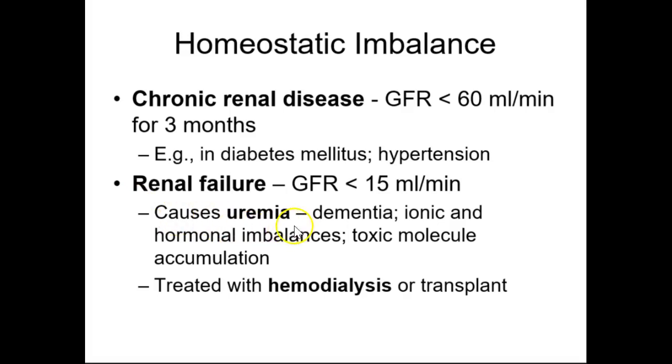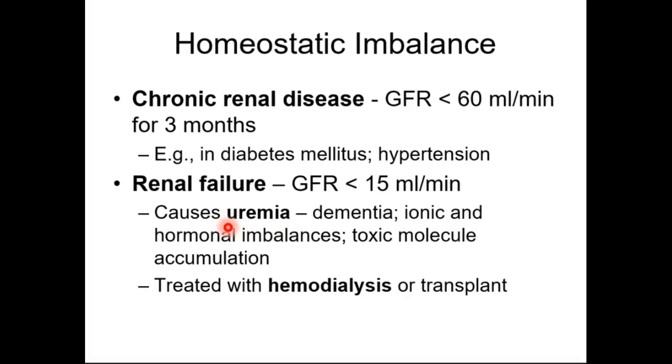And uremia. Urea is a nitrogenous waste. Ammonia is a breakdown of that same nitrogenous waste. So if your kidneys fail, you're going to have a buildup of nitrogenous wastes, and we're going to call that uremia.